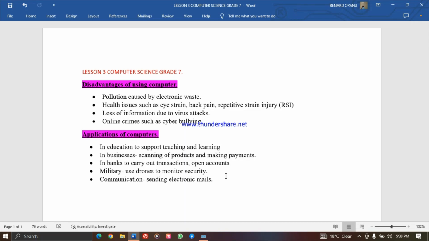Someone can ask you, for example, in an exam situation, what are some of the disadvantages of a computer? Or what are the drawbacks of using a computer? What are the shortcomings of using a computer? What are the demerits of using a computer?